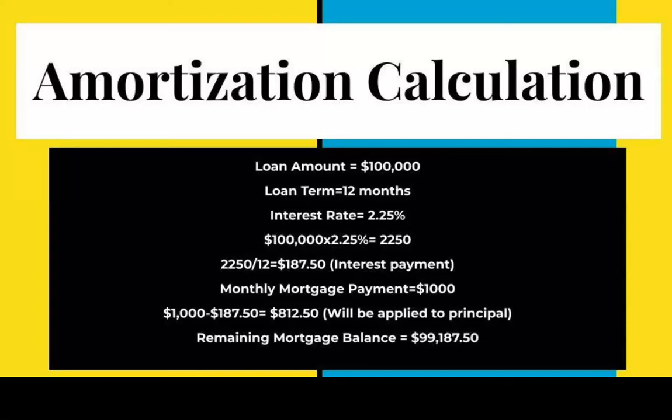Now, if you have a monthly mortgage payment on $100,000 of $1,000, which is actually 1% of the amount that you're borrowing, you're going to take that $1,000 and deduct the $187.50. That's going to leave you with $812.50.